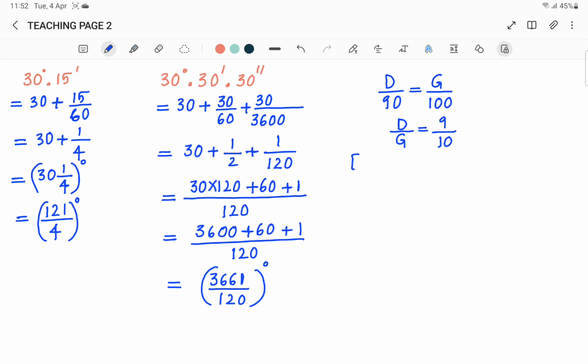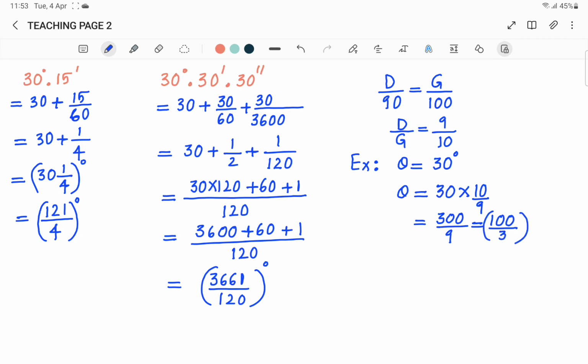Suppose, let us take one example. If I give you the angle as 30 degrees, how do you convert this into grades? Very simple, you can write theta is equal to 30 into the multiplying factor, which is 10 by 9 if you want to convert into grades. That will be equal to 300 by 9. You can write it as 100 by 3 grades.